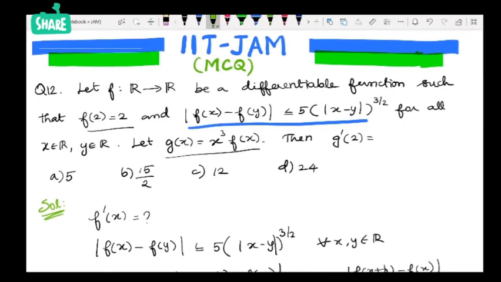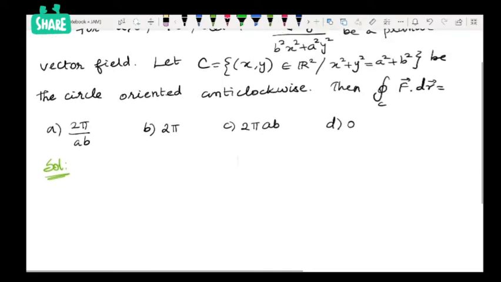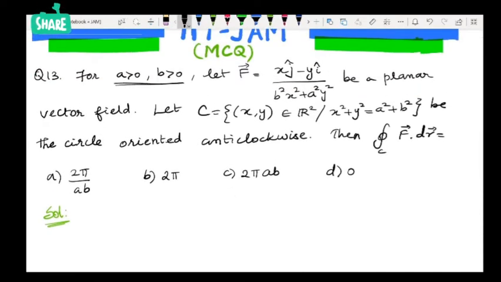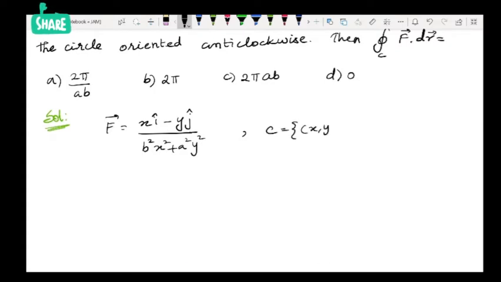The next question, we have a vector function and a circle oriented anticlockwise. We need to find the integral of f dot dr. And to be noted, a and b are positive numbers. So let's start with the f. It is xi minus yj divided by b square x square plus a square y square, and c is the set of all x comma y in R square such that x square plus y square equal to a square plus b square.